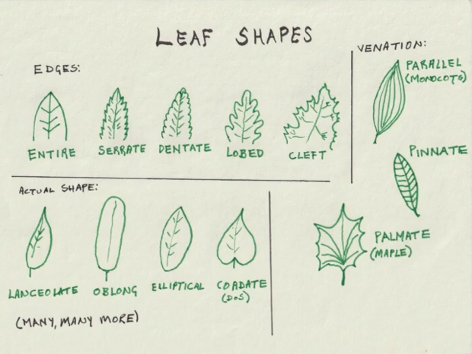Won't say 100% because sometimes the dicots will pretend that they have parallel veins, but most of the parallel veins are the monocots. Then you have what is called pinnate. That means radiating from a central vascular bundle. And then palmate, like a maple tree or a sycamore tree leaf, where these veins come out from a central hub. So that's the different types of leaves.